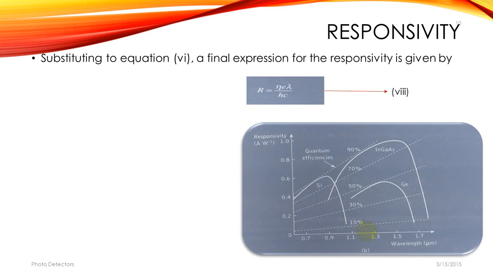High responsivity values of 0.9 and 1 ampere per watt at signal wavelengths of 1.30 micrometer and 1.55 micrometer respectively can also be observed for the photodiode fabricated from indium gallium arsenide alloy. Moreover, nearly 90% quantum efficiencies can be obtained for both the indium gallium arsenide and silicon photodiodes.